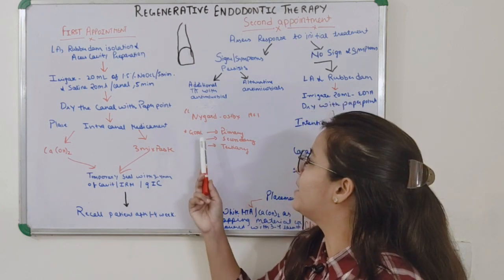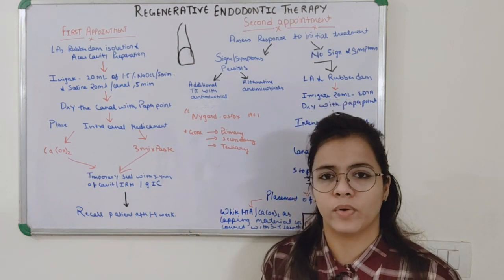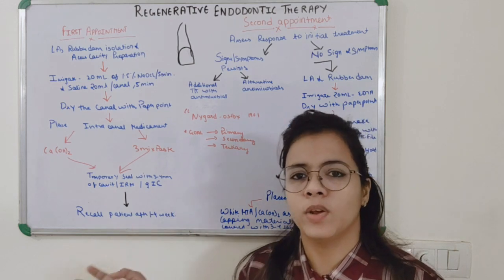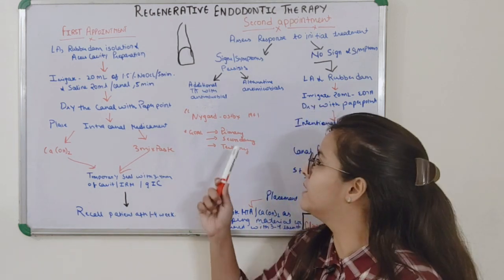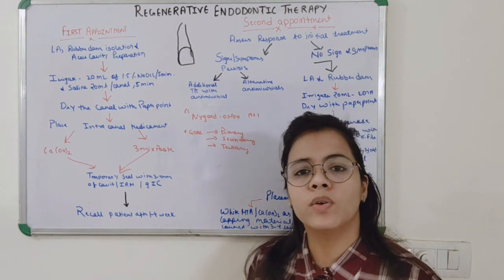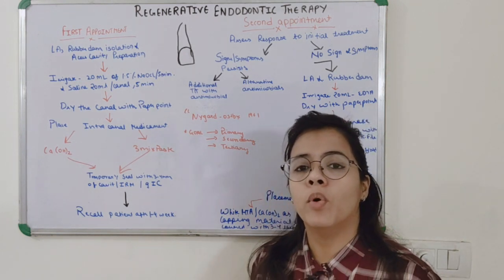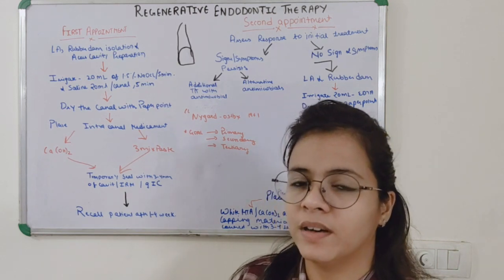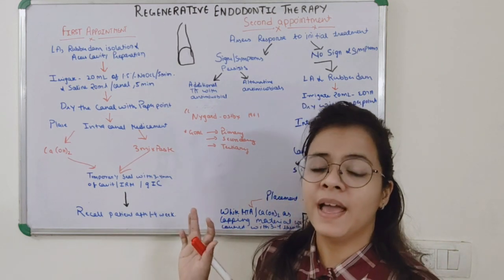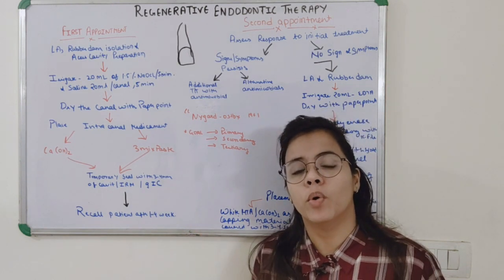Coming on to the goals of regenerative endodontics, there are three goals: the primary goal, secondary goal and the tertiary goal. The primary goal is based on bony healing. There should be no sign and symptom after the regenerative endodontic has been done, and there should be bony healing.